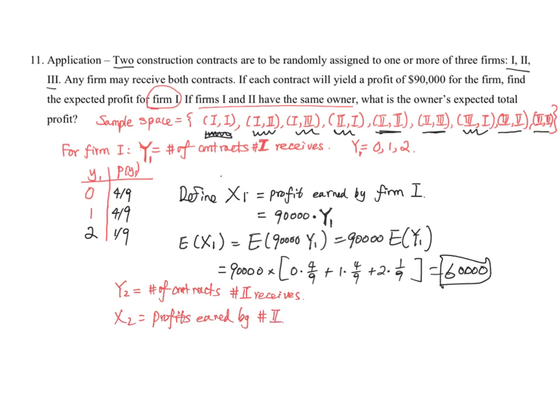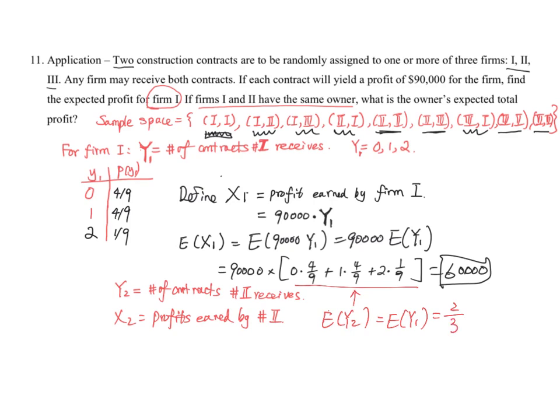If you look at the distribution one more time, it is exactly the same as this one. So the expectation of Y2 is the same as the expectation of Y1. It's going to be 2/3.